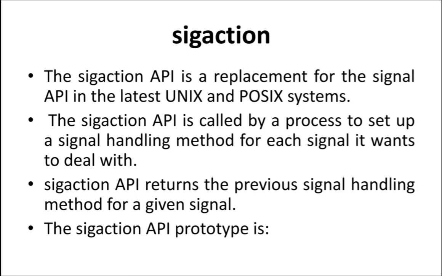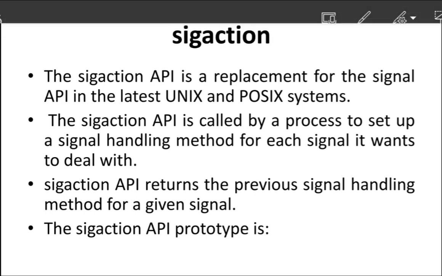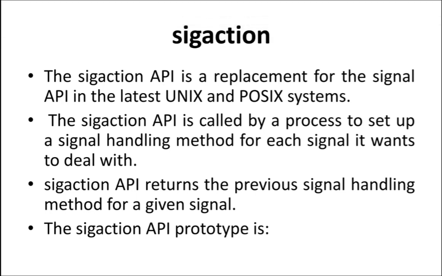The sigaction API is called by a process to set up a signal handling method for each signal it wants to deal with. For every signal, you have a signal handling method. So what does signal handling method mean? You know that a signal can take three actions. When a signal reaches the process, the signal can be ignored. That is the first case.